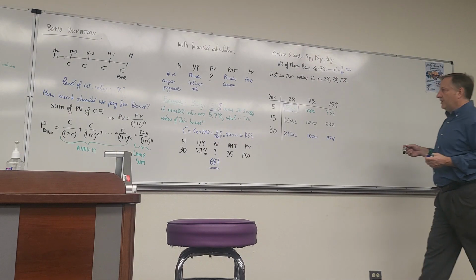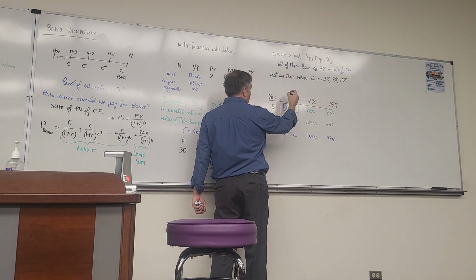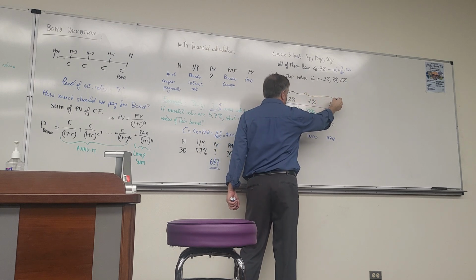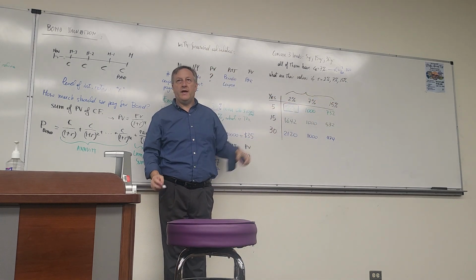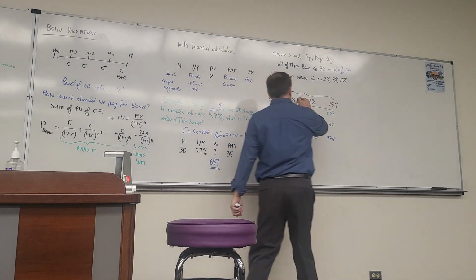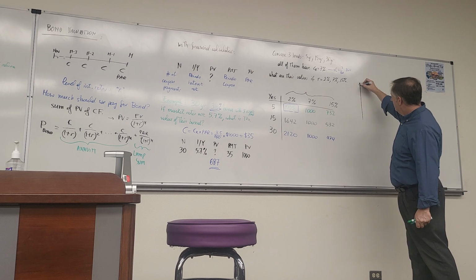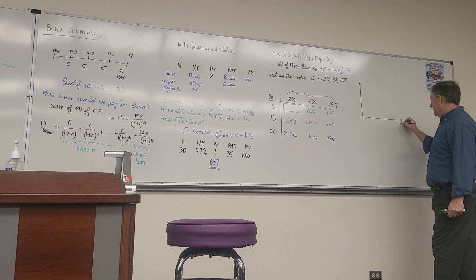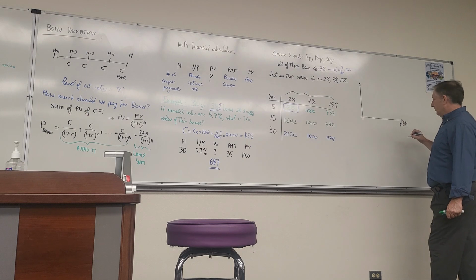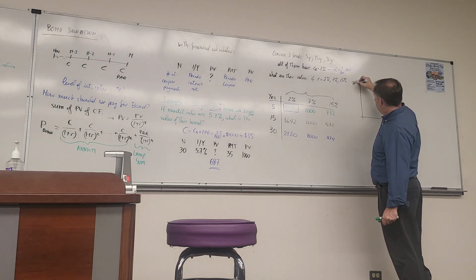So, I want to put this in a plot. I want to put those market interest rates on the x-axis, and I want to put the bond values on the y-axis. Those are gonna be your bond yields or interest rates, and this is gonna be the bond price.